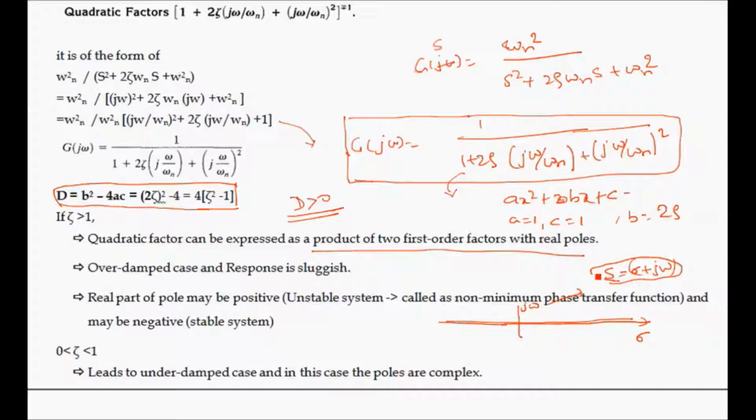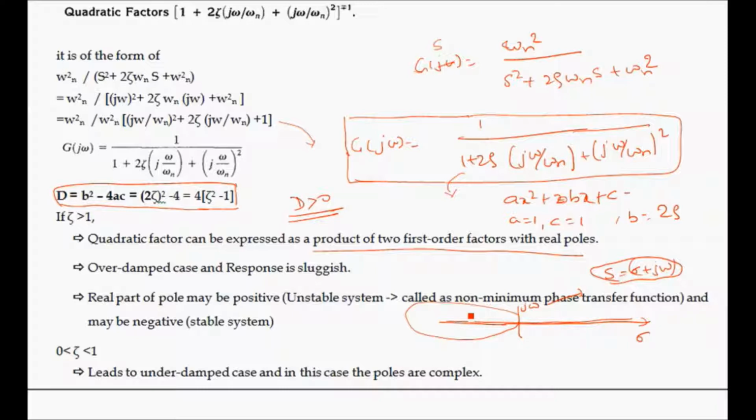If the pole lies on the left half of the j omega axis, that is the negative side, then it is a stable system. And if the real part of the pole is positive, then it is an unstable system.